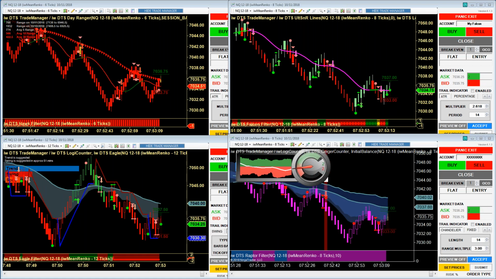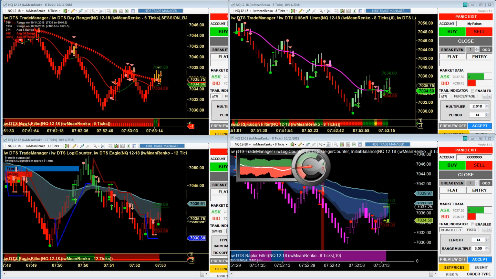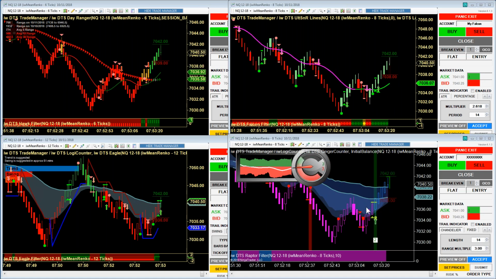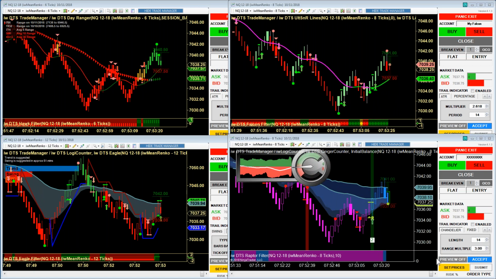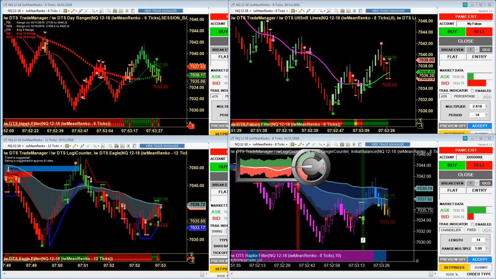I'm leaning to the buy side only because of the trades I've done today. The buy trades are the ones that have paid off. So I do have a tendency to stay with the side that seems to be performing.